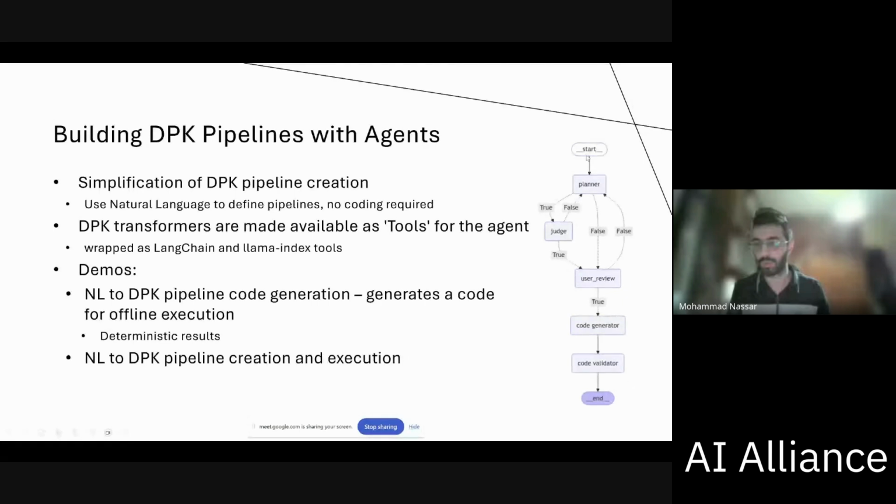In the beginning, we start with a user that asks for some pipeline, some transformation on their data. The first node is the planner. The planner takes all the context and suggests a plan. The plan is steps: let's do dedup in the beginning, then another transformation, then a third transformation, and so on.